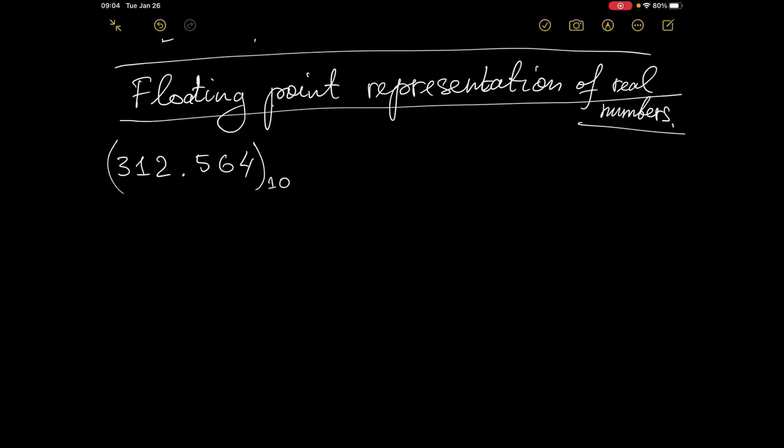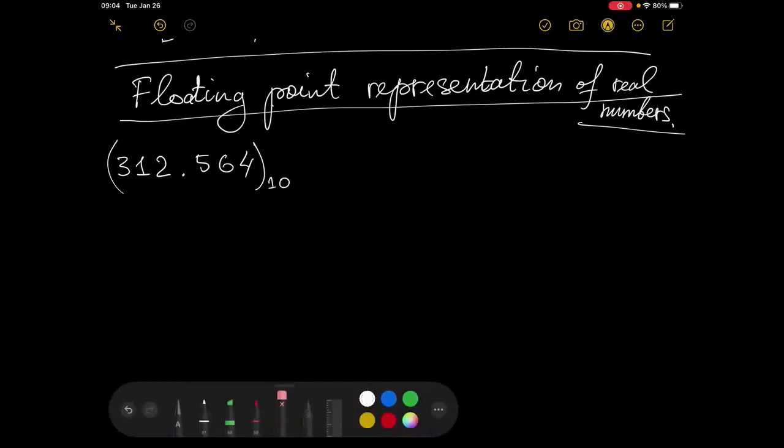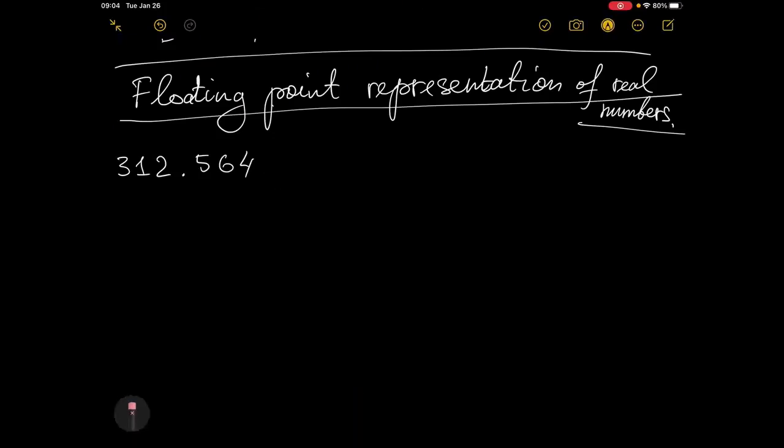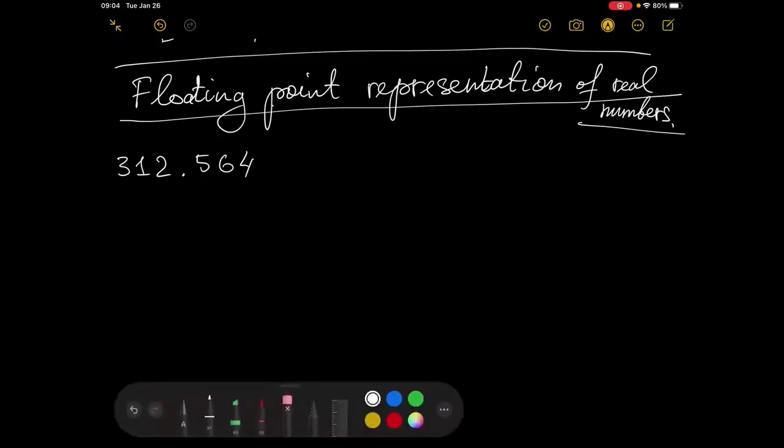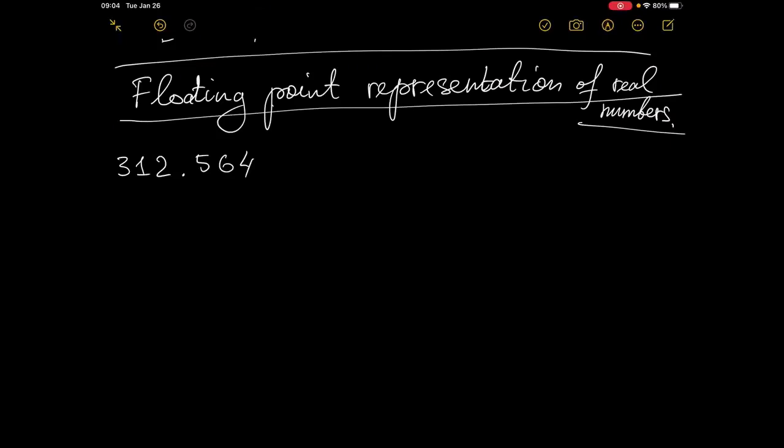Okay, let me do the following. If I'm not writing what base I'm using, it will be decimal numbers, right? I just don't want to write this stuff all the time. Brackets and 10. Okay.